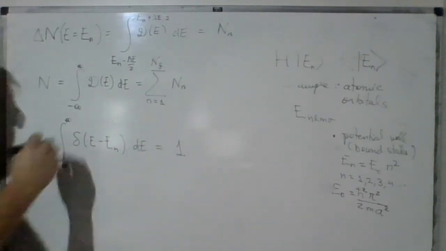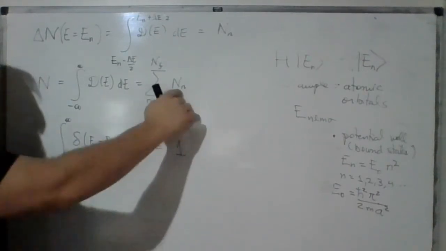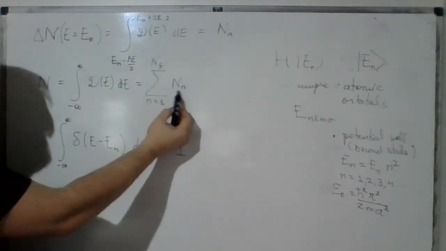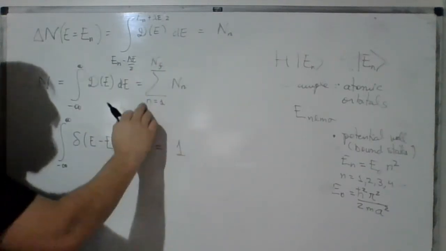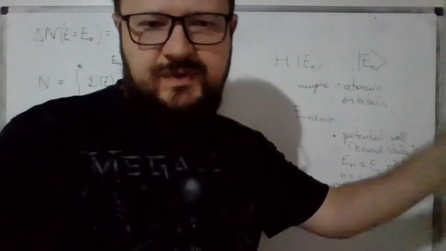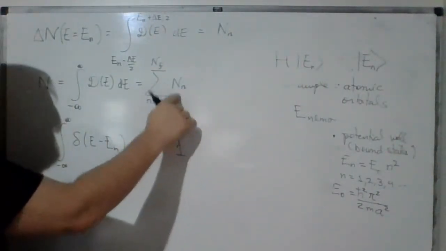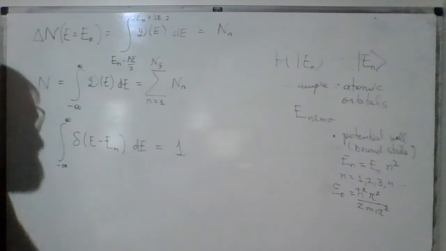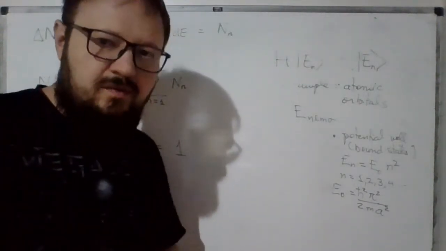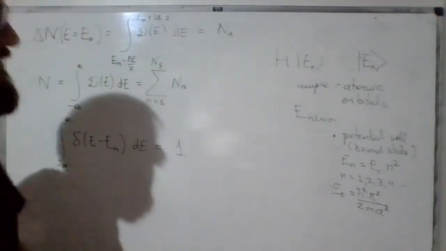So if you have a degeneracy number multiplying this delta, you'll find the degeneracy number after integrating. And if you integrate a summation of Dirac deltas, you have a summation of the degeneracy factors here. All right. So this is what you really expect in this case.